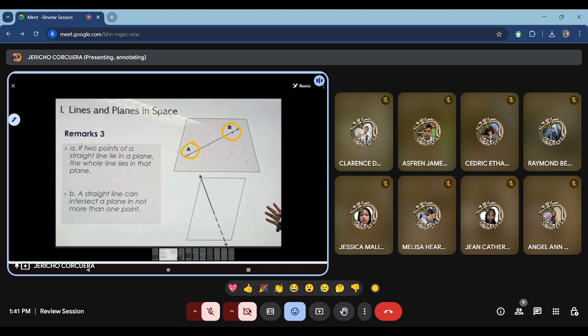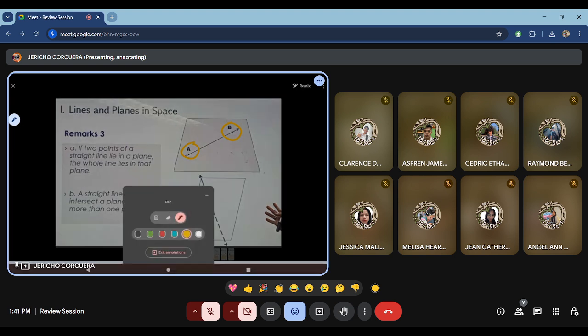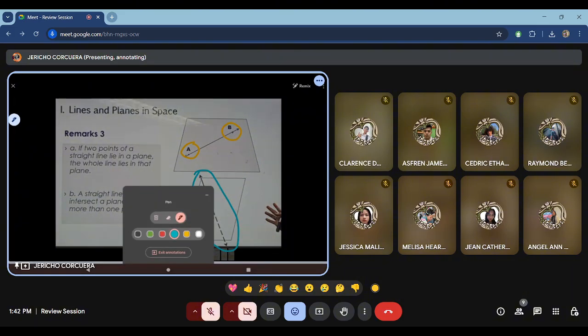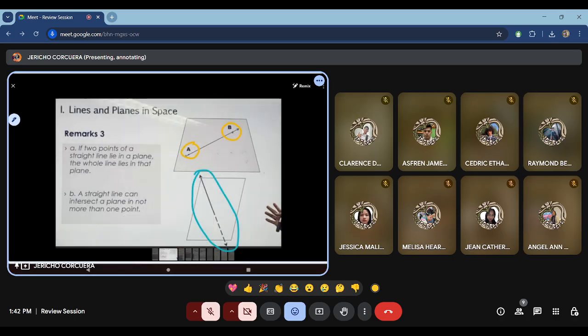If you can see that there's a straight line here on the figure, yung linya na yan, it lies on the plane. No, I mean, no. It is a straight line. It intersects a plane in not more than 1 point. So it means that the point can only be one. It cannot be greater than one. It cannot be less than one.